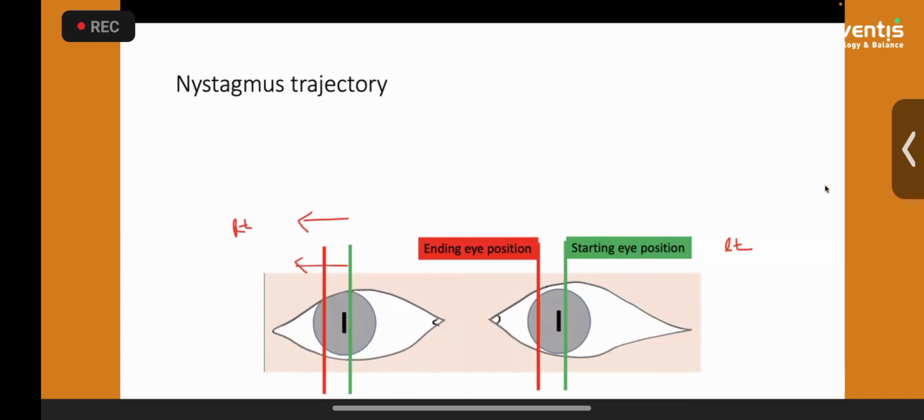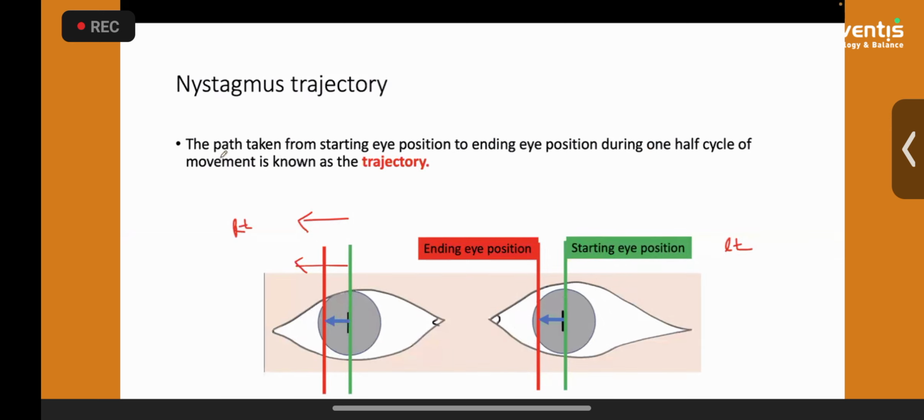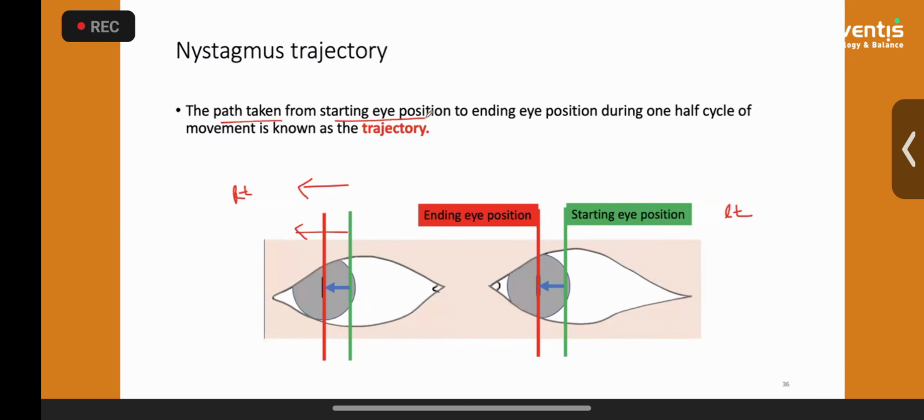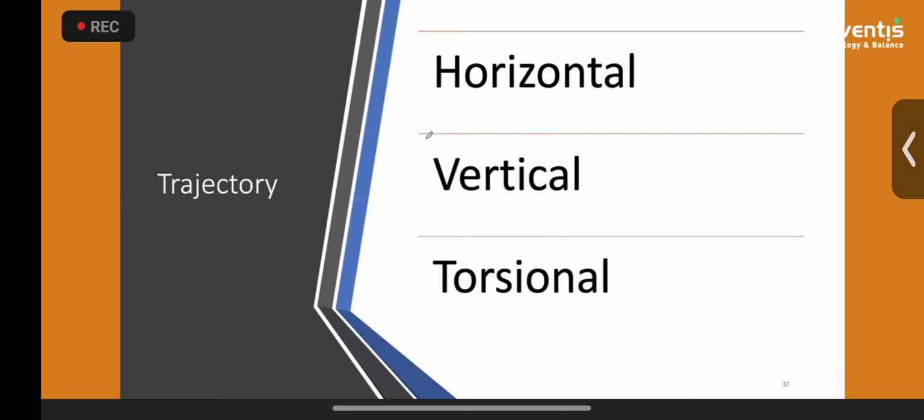So the path taken from the starting eye position to the ending eye position during one half of the cycle of the movement is nothing but the trajectory. So there are three trajectories which are possible. One is horizontal trajectory, second is vertical trajectory, and third is torsional trajectory. Okay. So this is trajectory.